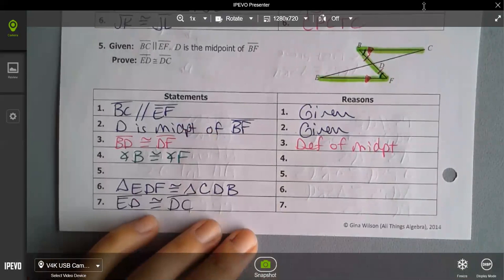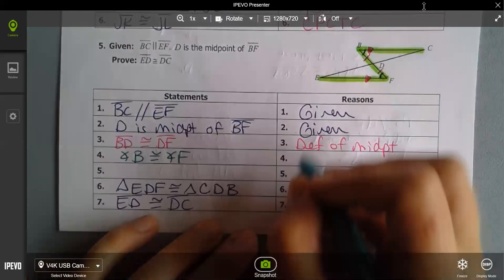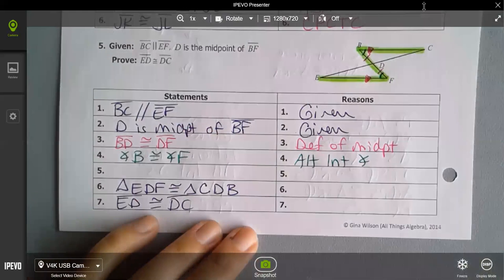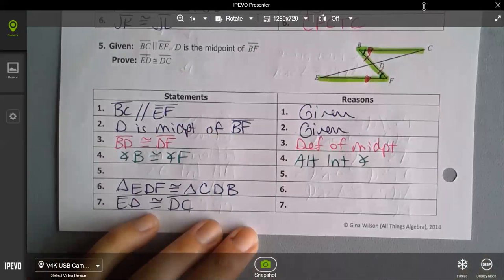And how did I know that? What kind of angle pairing is this in our parallel lines? Those are alternate interior angles. Okay, what else? I've only got an angle and a side right now. So what else do you see?